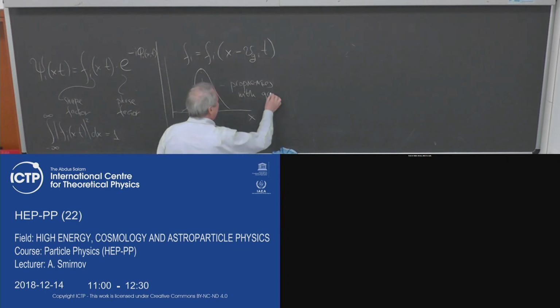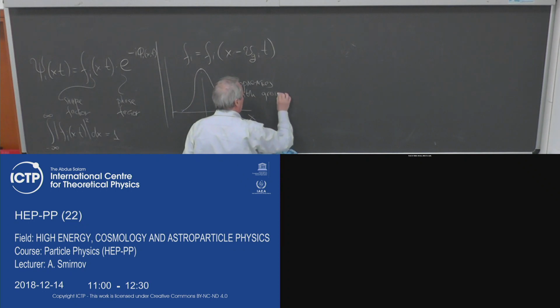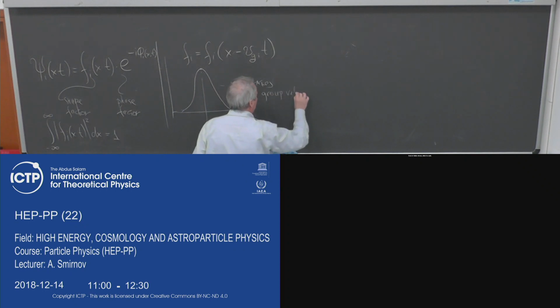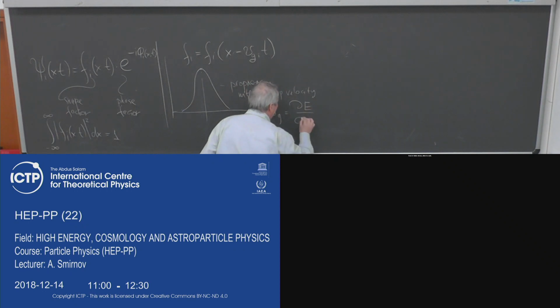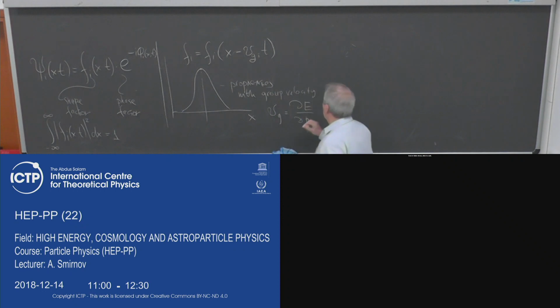So these wave packets propagate with group velocity v_g, which is equal to dE over dP, and that is approximately P over E, and the group velocity is smaller than the velocity of light.